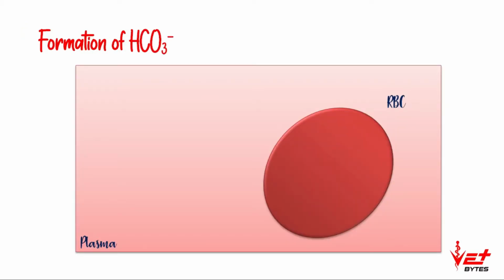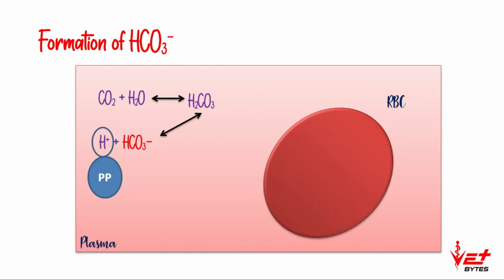Next is the formation of bicarbonate. Bicarbonate can be formed either in plasma or in erythrocytes. In plasma, the carbon dioxide binds with water and forms carbonic acid, which immediately dissociates into H plus ion and bicarbonate ion. This H plus ion is buffered by plasma proteins, and thus the carbon dioxide is transported as bicarbonate.